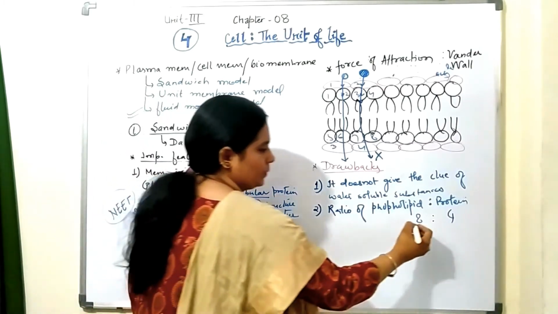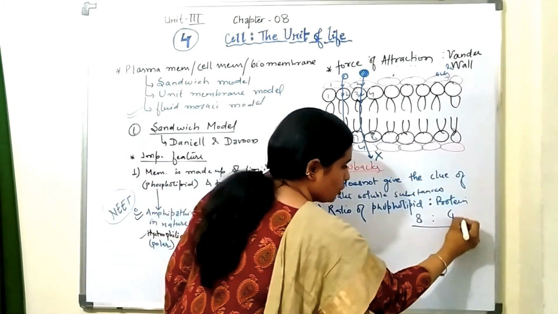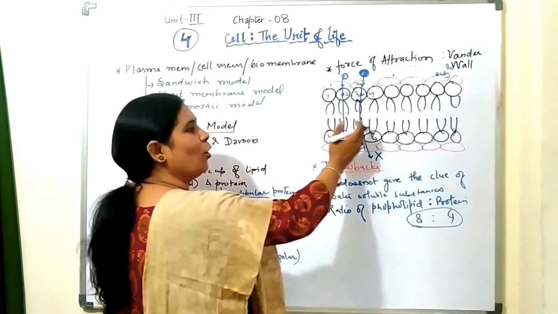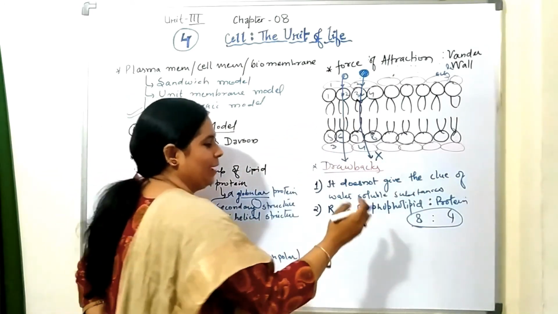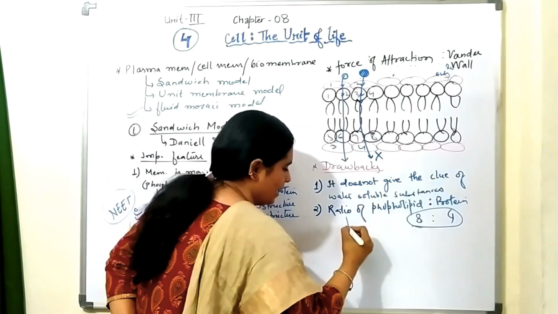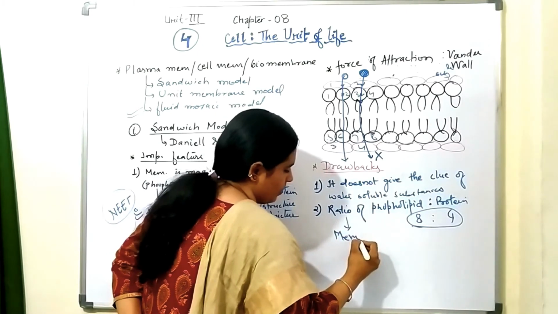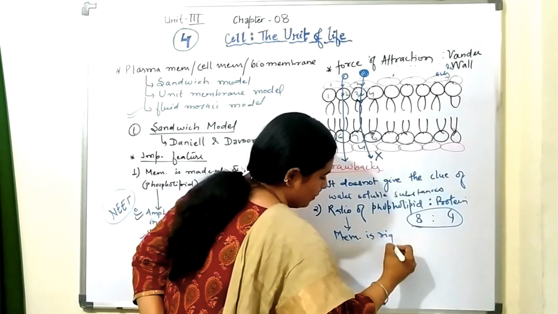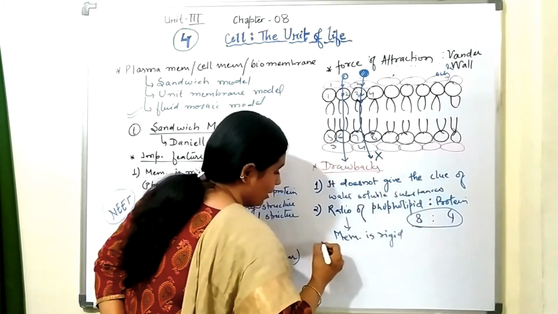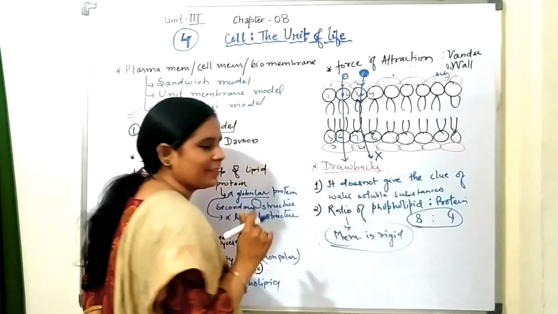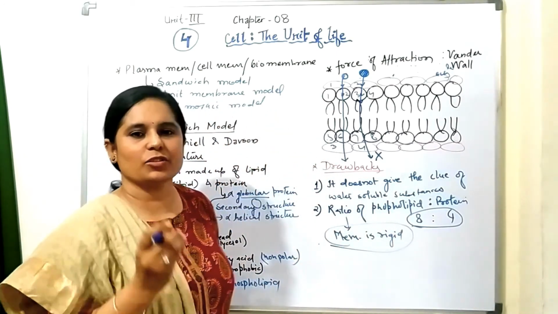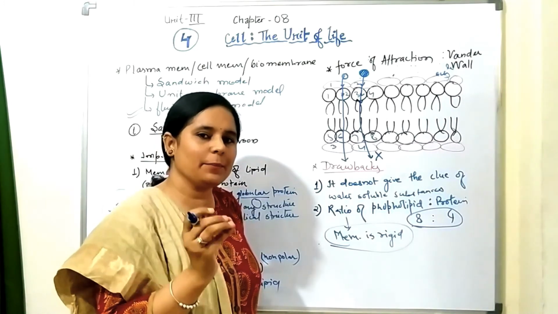So this ratio will not vary according to this model, and if it doesn't vary, it means the membrane is rigid, and if it is rigid, then how will transportation occur in the plasma membrane?